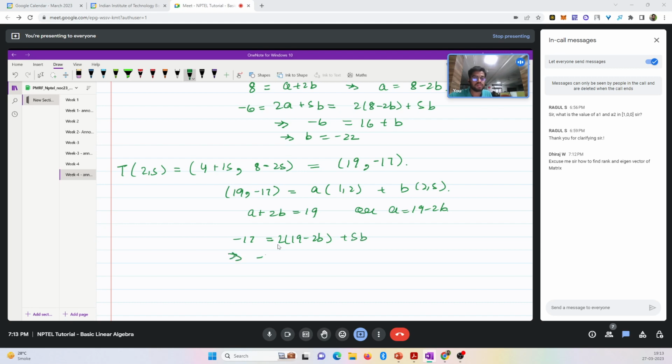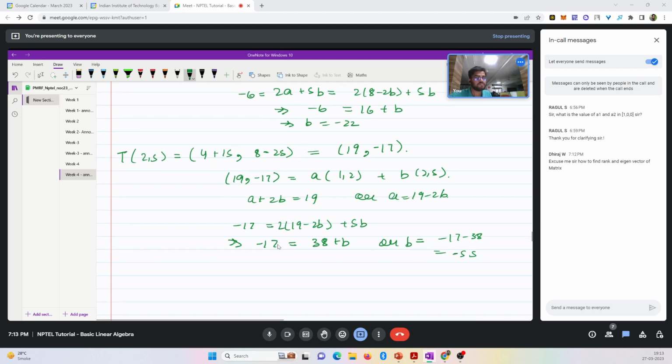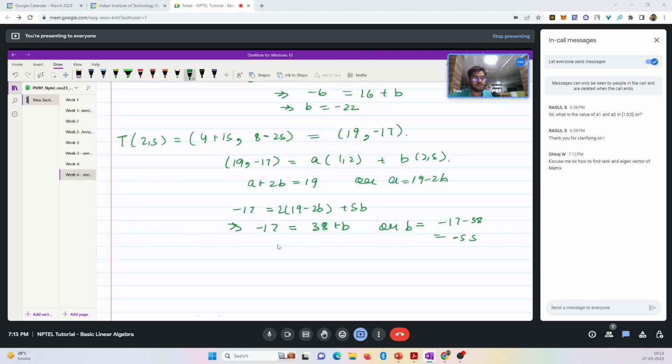So this would imply minus 17 is equal to 38 plus b, or your b is minus 17 minus 38, which is minus 55. Okay, and your a then would turn out to be 19 plus 110, this is 129.